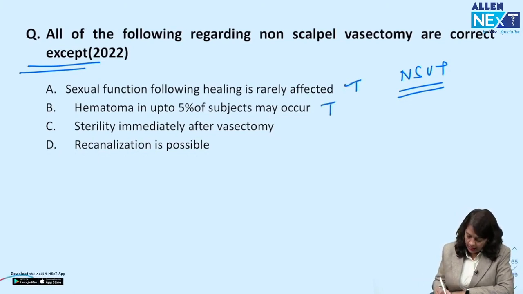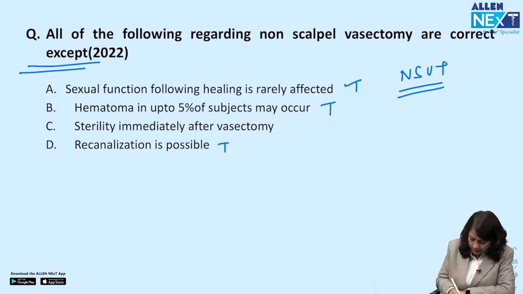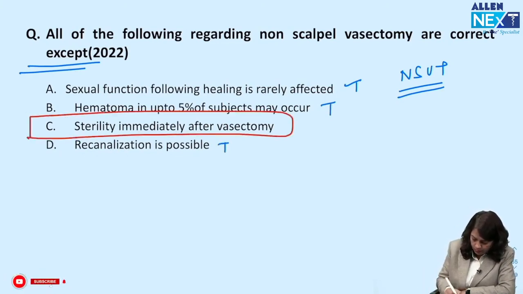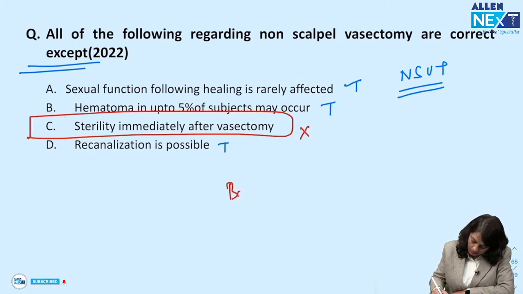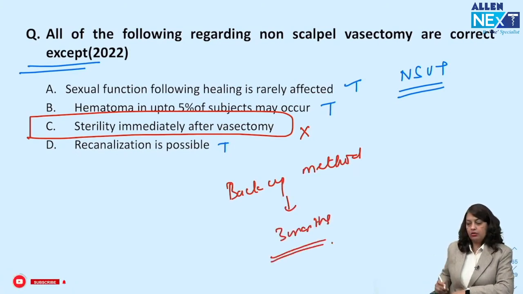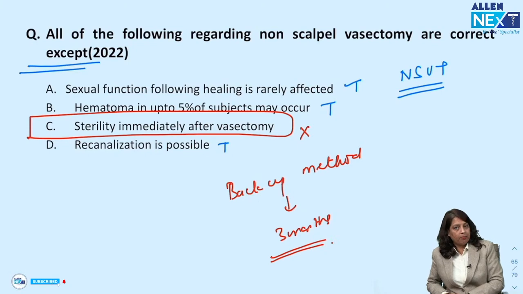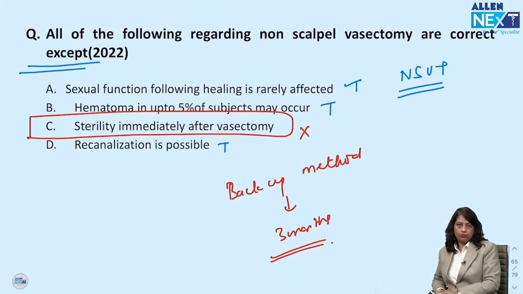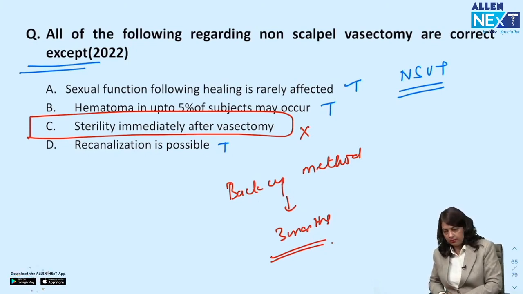True. Recanalization is possible. True. Sterility immediately after vasectomy? No. Wrong. A backup method should be used for 3 months.